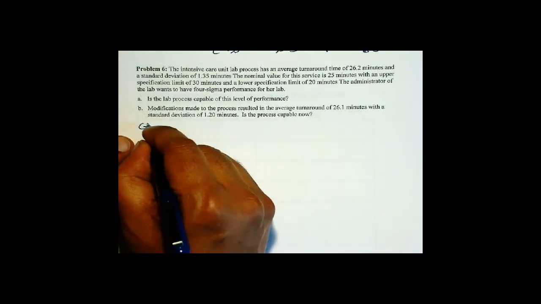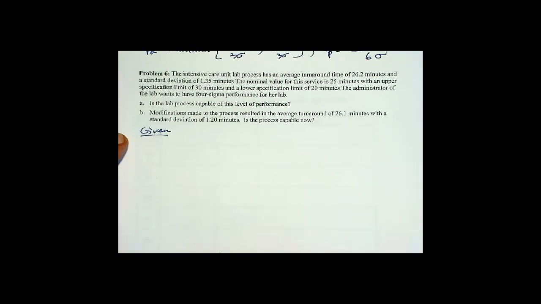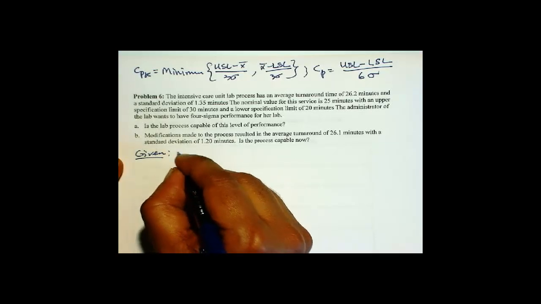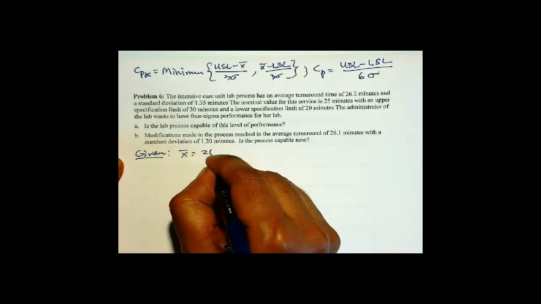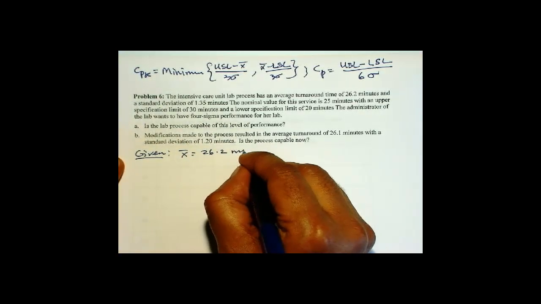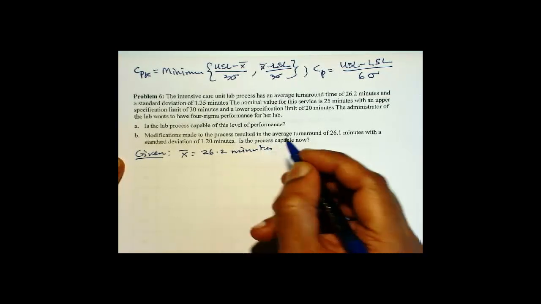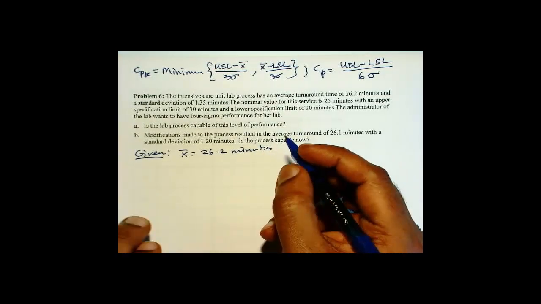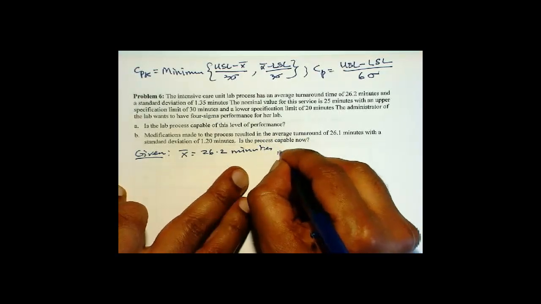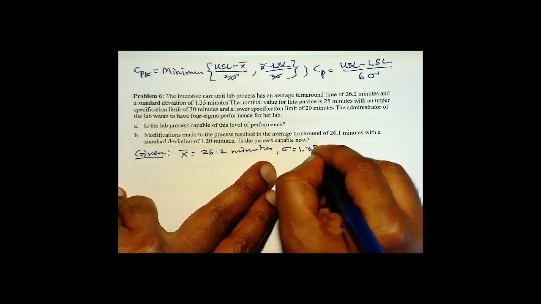the standard deviation. So here we have an intensive care unit lab that has an average turnaround time. So here it is given the average turnaround time right now, x bar is 26.2 minutes with a standard deviation of 1.35 minutes.